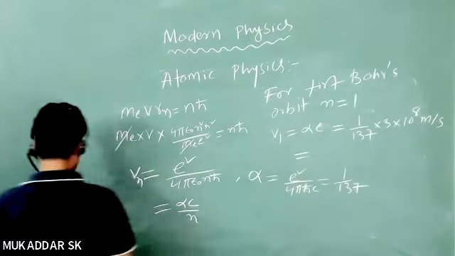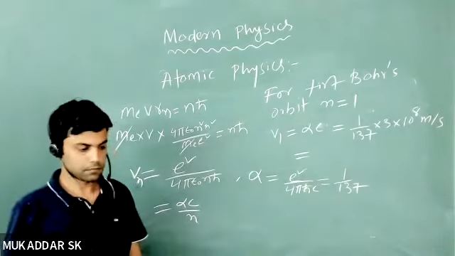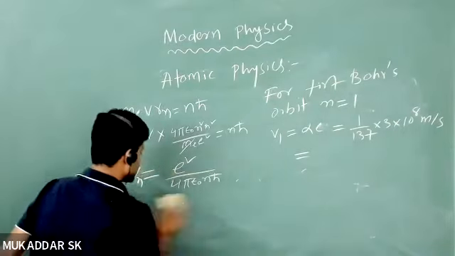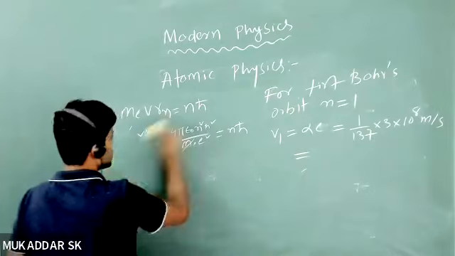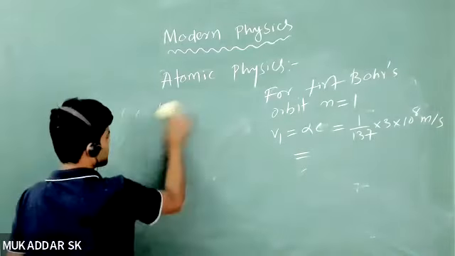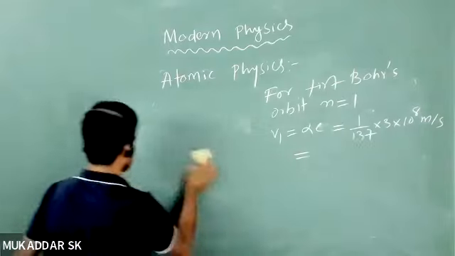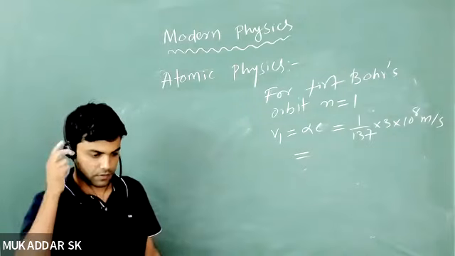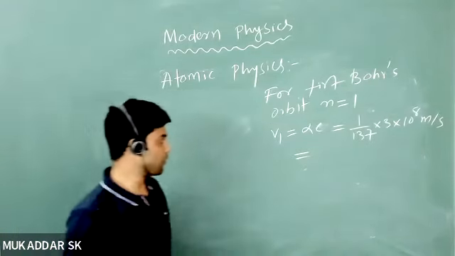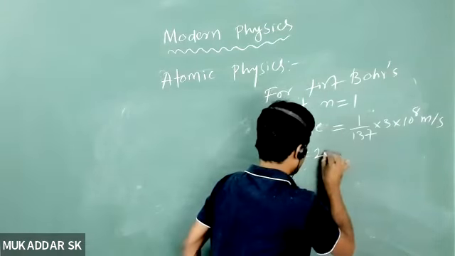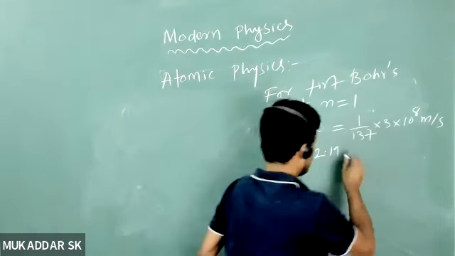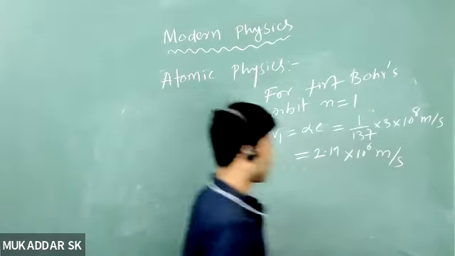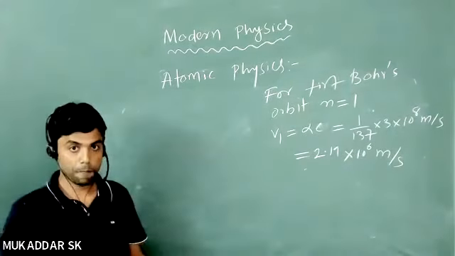Please calculate it and tell me how much will be that speed. 0.021 into 10 raised to 8. Very good. So if you calculate it, you will get 2.19 into 10 to the power 6 meter per second. Did everyone get that number?